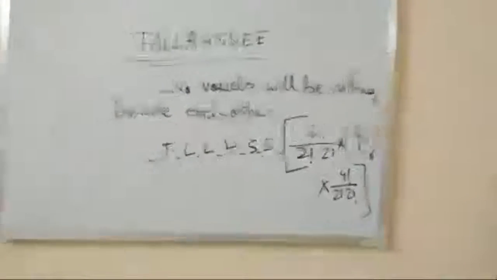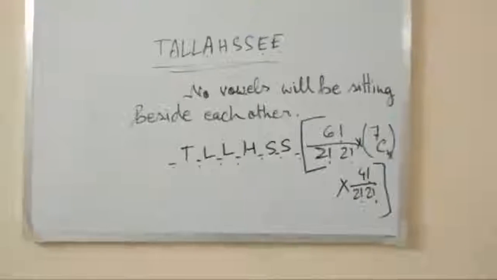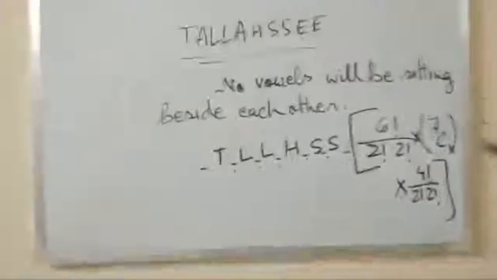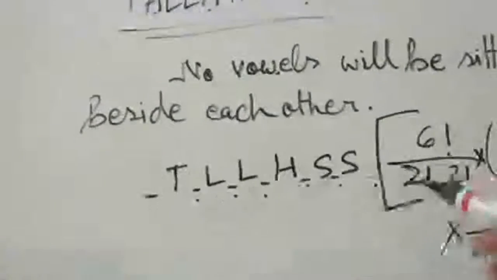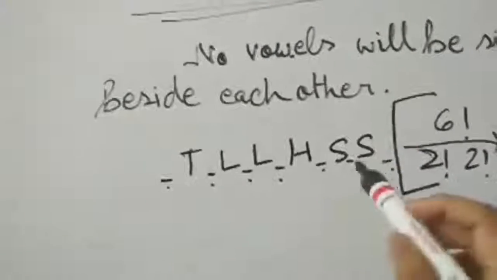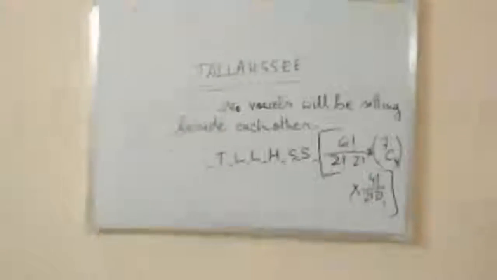So it will be divided by 2 factorial for the case of A as well as 2 factorial for the case of E. Similarly, we eliminate the possibilities of internal permutation between LL and SS. Okay, so this will be the answer. So let me erase this and let's move on to the next problem.